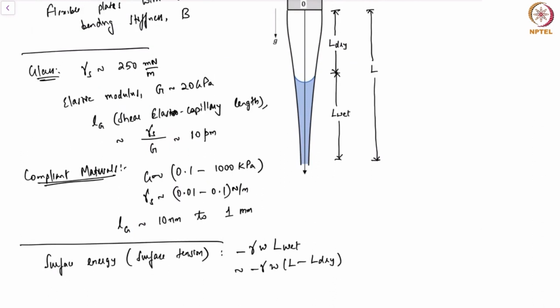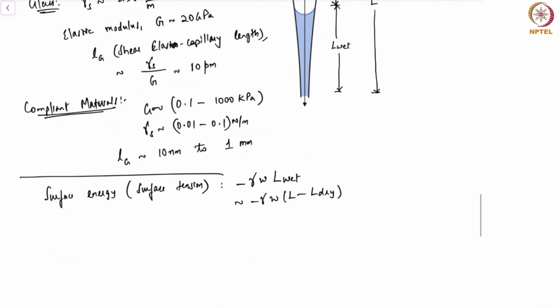This would be the surface energy. And what about the elastic energy? Elastic energy would be EI, where the elastic modulus is E.